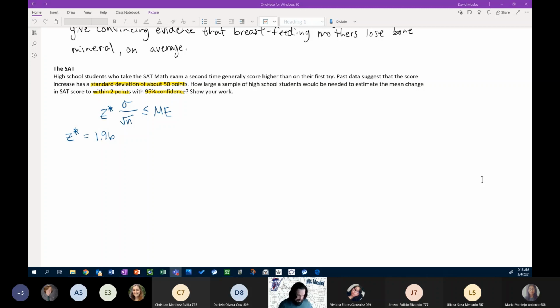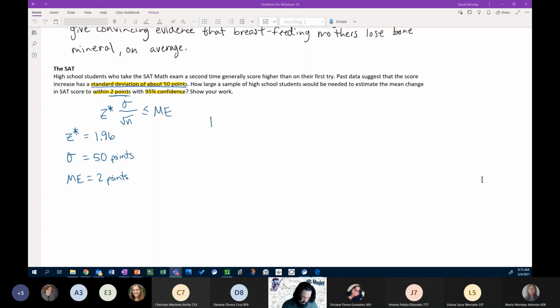That's the Z star. We're estimating sigma to be 50. Right? And that's because of that assumption that was given to us in the context. The margin of error is 2 points from here. And now this is all the data we have. Now we can solve for n.